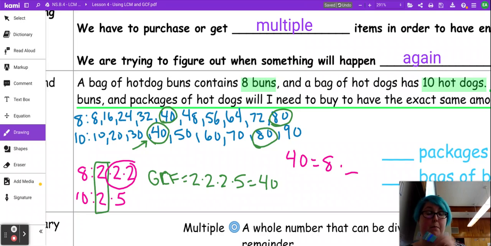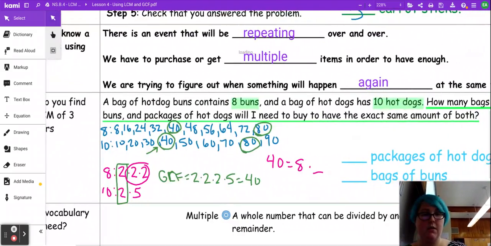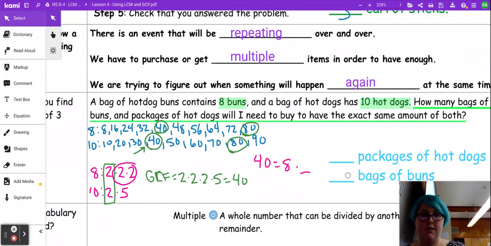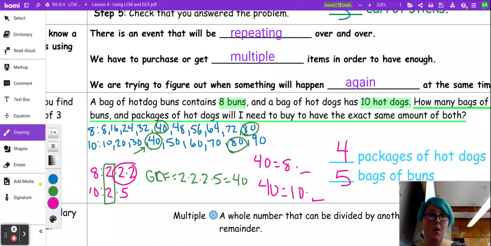For buns, if they come 8 per pack, we are going to need 5 packages of buns. And then for the hot dogs, they come 10 per pack. So 40 equals 10 times some number. That equals 4.